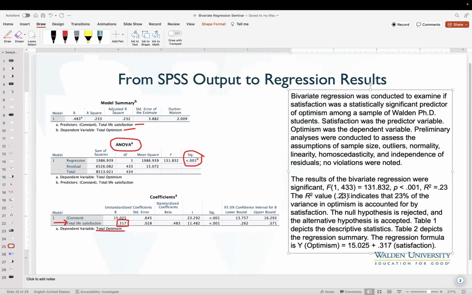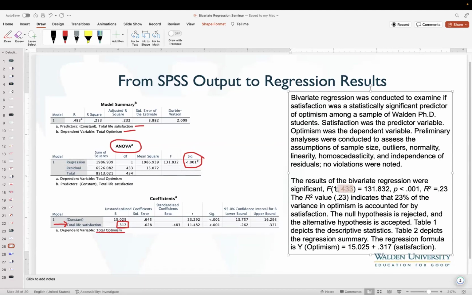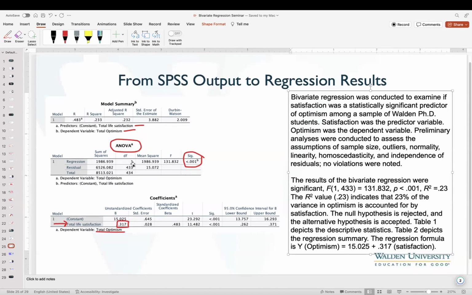So you see it says 433, so you would know that the sample size is 434, something like that, 435, somewhere in that neighborhood. That's where the 1 and the 433 come from, the regression and the residual degrees of freedom. Everybody see that? But remember, this is not just Greek numbers to us. That 1 tells me that in this model, there was 1 predictive variable and a sample of about 434 people. You see how informative this is now?